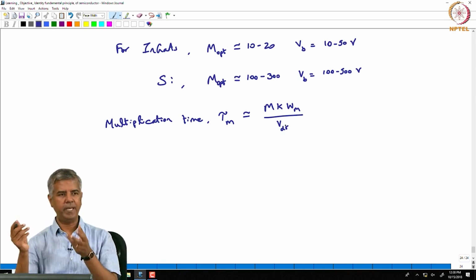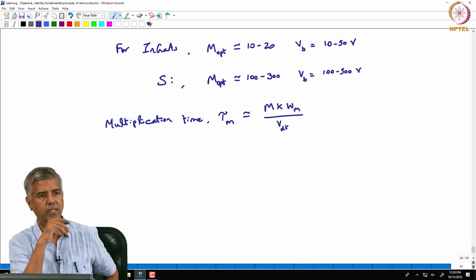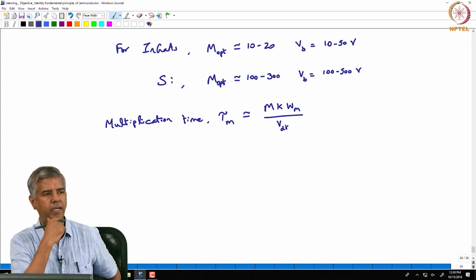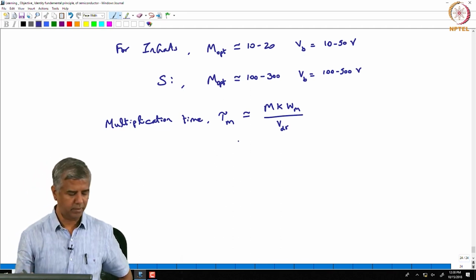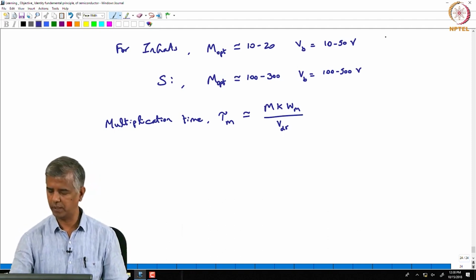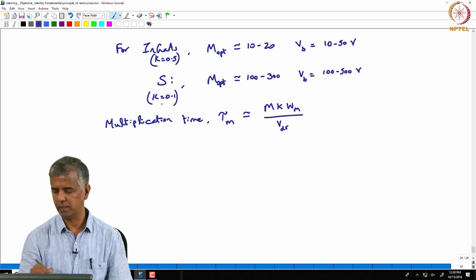Now, Wm over VDR we know is just the transit time across the multiplication region, but we are multiplying by m because there are m events, and that is also weighted by the impact ionization ratio k. So, if you calculate this for these values, we know that for indium gallium arsenide k equals 0.5 is what we are taking, and for silicon k equals 0.1.